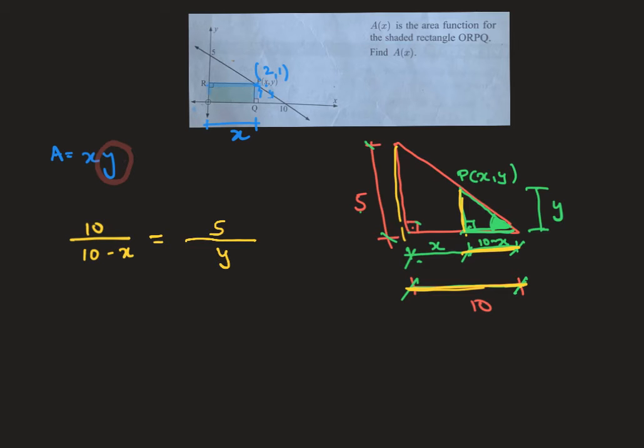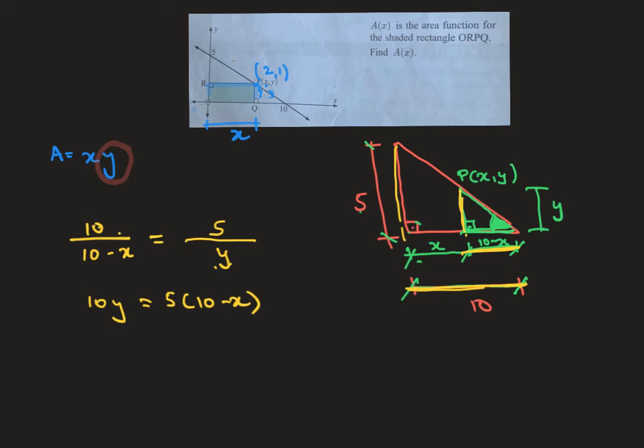Now we want to find y by itself in terms of x. So we can cross multiply. That's going to be 10y. There are different methods to use here, so you can use whatever you prefer. In my opinion the easiest one is cross multiplication. If you have done a little bit of algebra, which you should have by now, I don't need to explain why we can use cross multiplication.